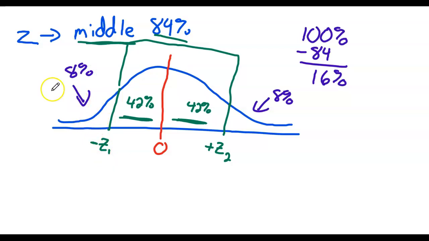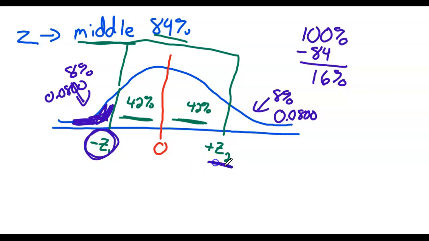These 8% changed into decimals are going to be 0.0800. That is their areas. So in order to find the z-score that corresponds to this, I'm going to find this one, and then to find my z2, my positive one, I'm just going to change its sign.